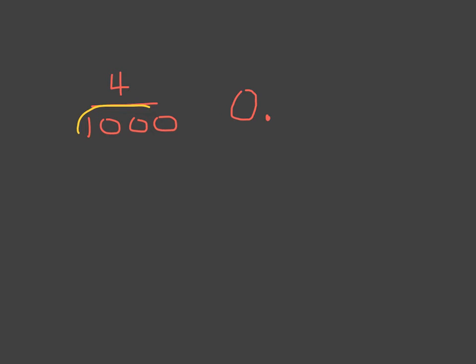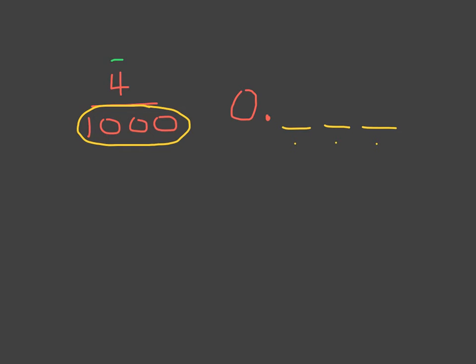As we look at the denominator, 1,000, we notice that there are 3 zeros, which means there are going to be 3 digits to the right of the decimal. The 3 spaces represent the tenths, hundredths, and thousandths place.